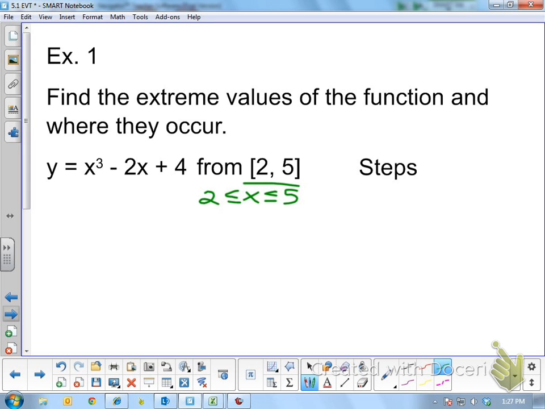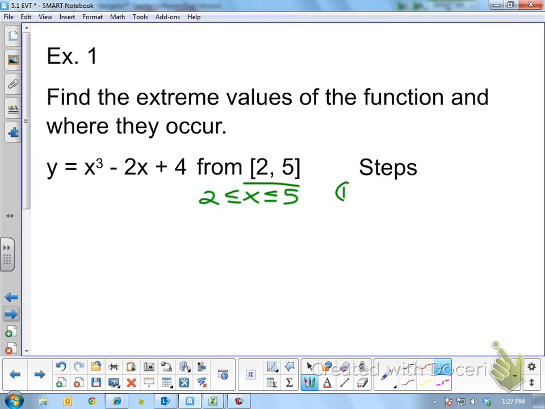We need to find all the possible candidates. Right now I know 2 possible candidates right off for my max and my min. What 2 values could be the max or could be the min? 2 and 5. They gave us those endpoints on the interval. Those are possibilities, but I still need to find the inside candidates.